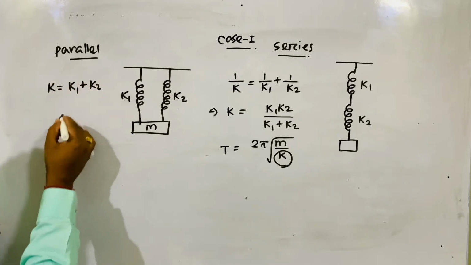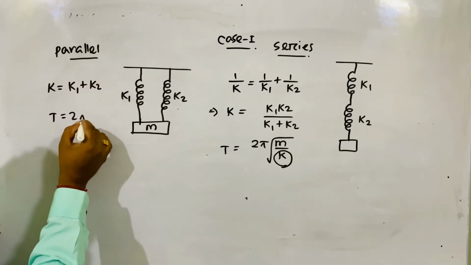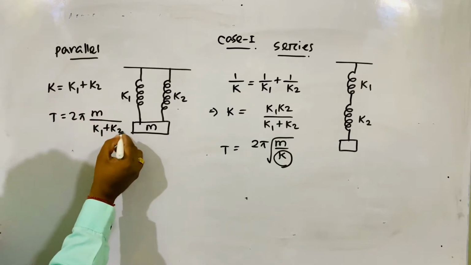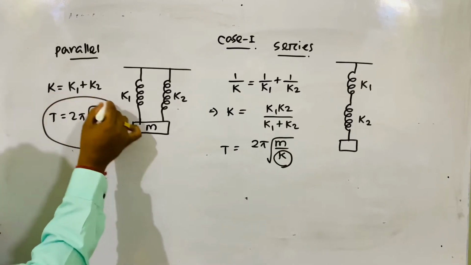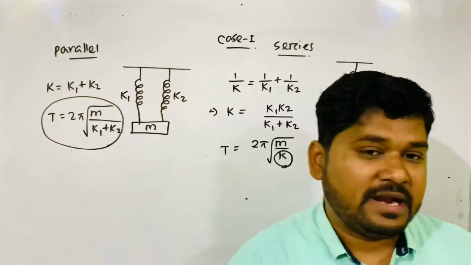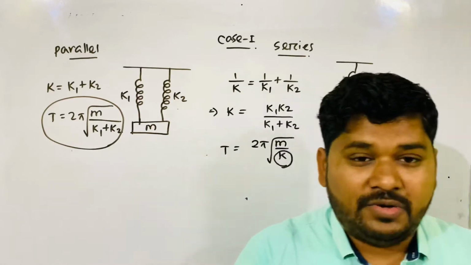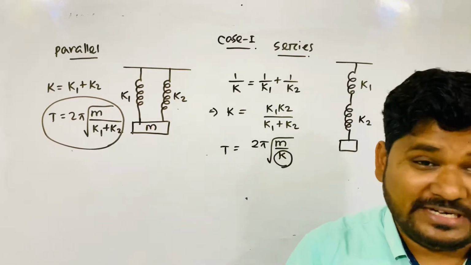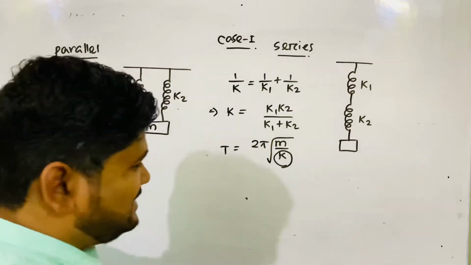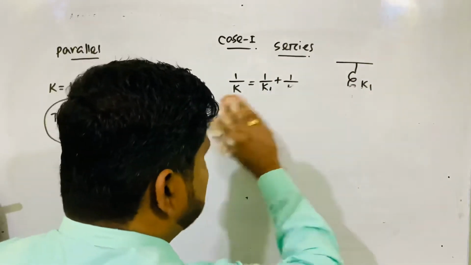K1 plus K2. T is equal to 2 pi root of M by K1 plus K2. This is the time period when the springs are connected in parallel. Hope you understood. Then we'll go to the next example of SHM.